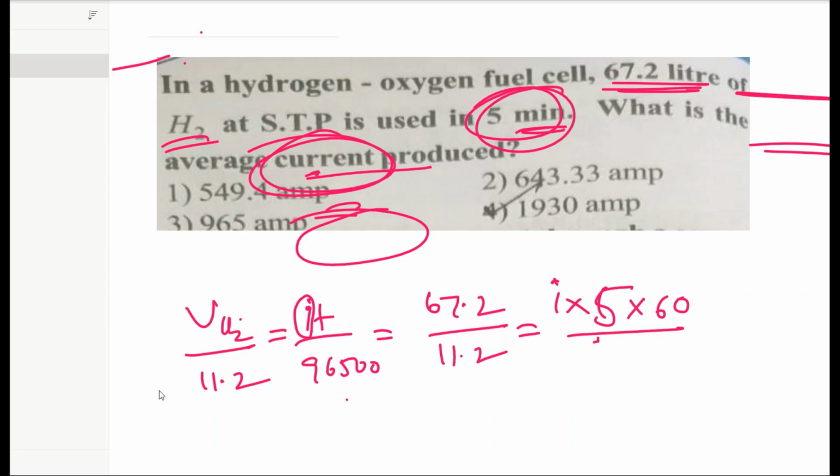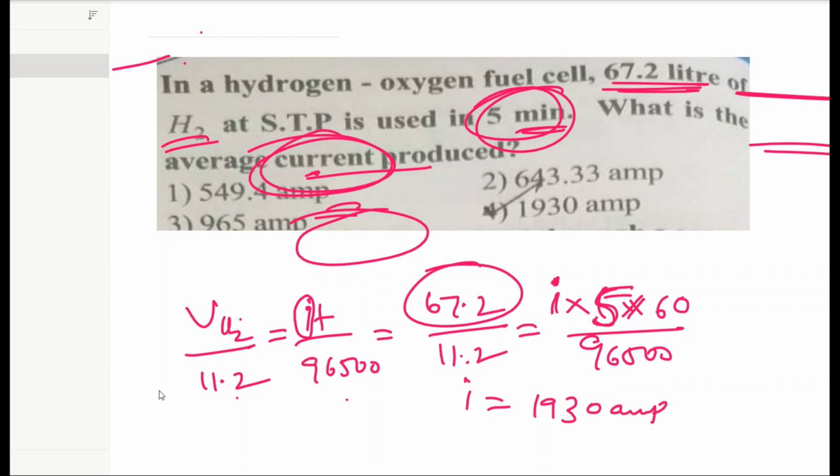I didn't do anything else. The volume of H2 is given, 11.2, and 5 minutes is given, 5 into 60. Then finally, I is equal to 1930 amperes. I hope you understand.